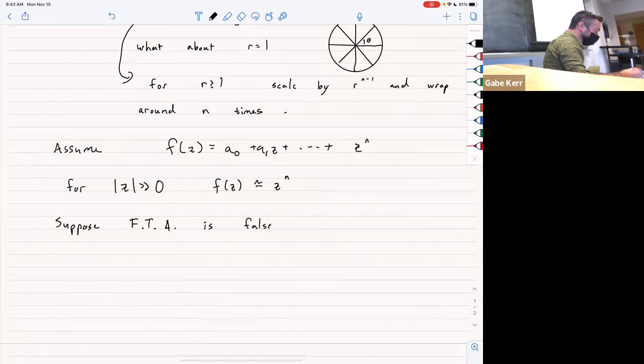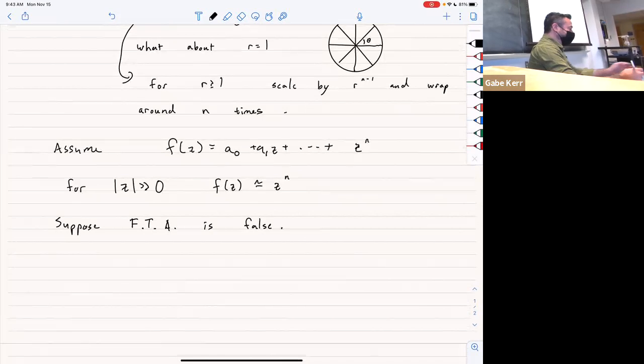I said calculus, but I mean the fundamental theorem of algebra. It's hard keeping this and the other one straight at the same time. So f of z equaling 0 has no solution.